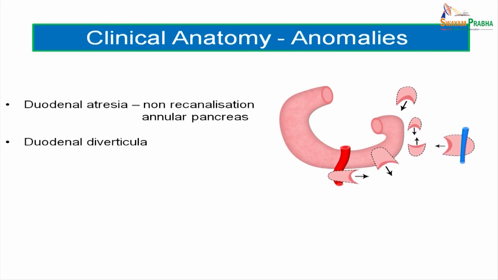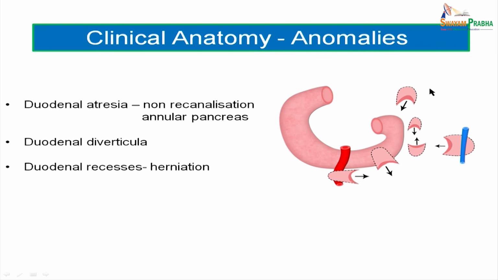There is also the presence of duodenal diverticulae. This typically happens along the second part of the duodenum along the concave border, so there are more chances of outgrowths or extra diverticulae along this part. And the duodenal recesses which we mentioned, the superior, inferior, para and retroduodenal recesses, are sites for herniation.